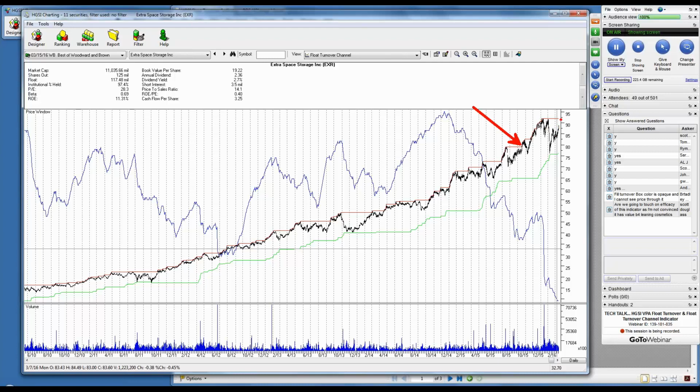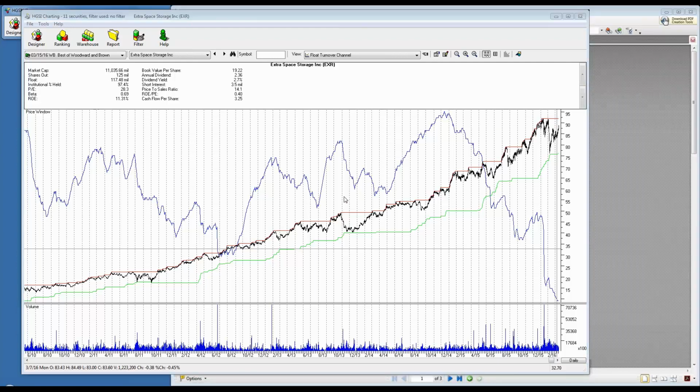So you might not want to consider entering this stock again until it comes above this previous high here, because there's a certain amount of resistance there in the turnover, and that's really it.